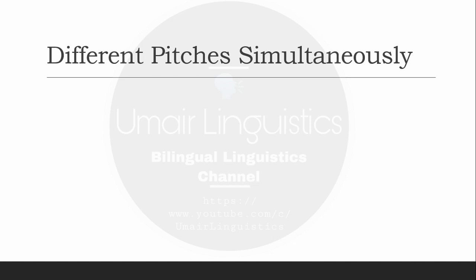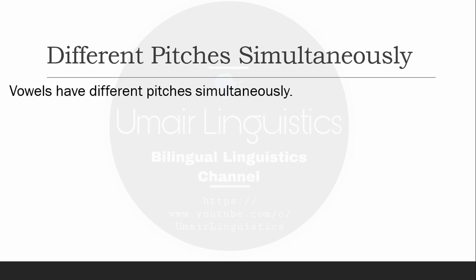Even when we produce one vowel, we have different pitches simultaneously, multiple frequencies. One frequency may be 200 and the other may be 400 to 600 and so on. This is one characteristic of vowels.